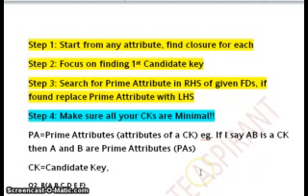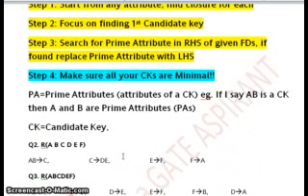Apart from that, just some abbreviations. PA is the prime attribute. Suppose I say AB is a candidate key, then A and B are the prime attributes, and CK is the candidate key.